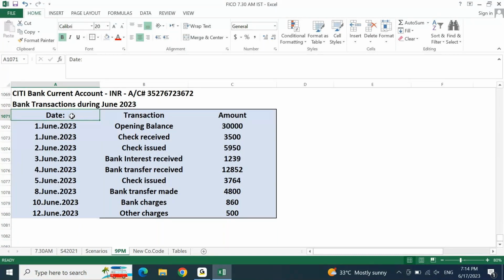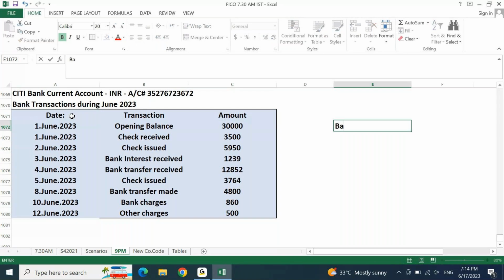Now, when you do this, you need to go by a different logic. Bank balance calculation. When you're talking about bank balance calculation, you may be calculating bank closing balance or bank opening balance, bank current balance.